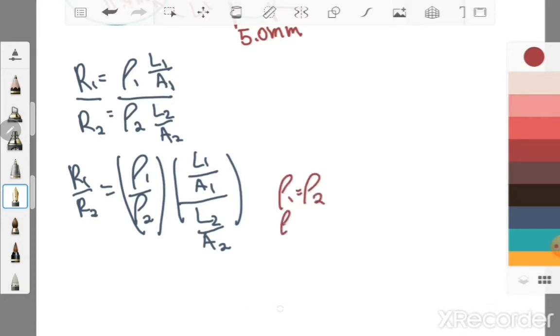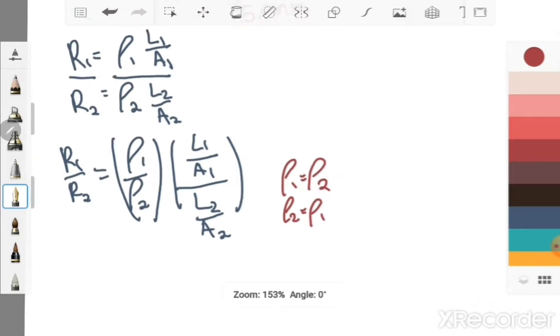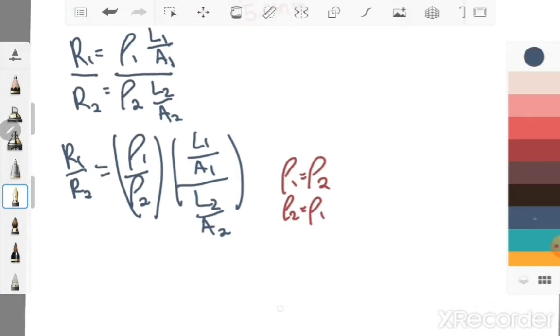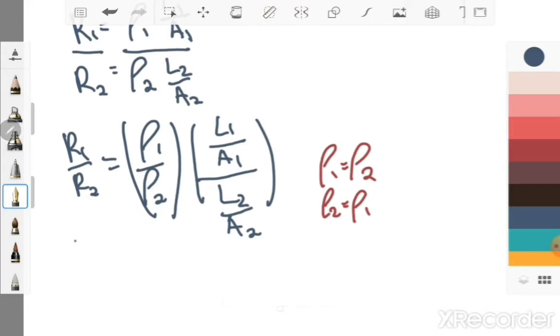therefore P2 is also equal to P1, right? These are two equations. Okay? So therefore we have R1 over R2. Since rho 1 and rho 2 are equal, rho 1 divided by rho 2 is equal to rho 1 over rho 1 or rho 2 over rho 2, which is equal to 1.